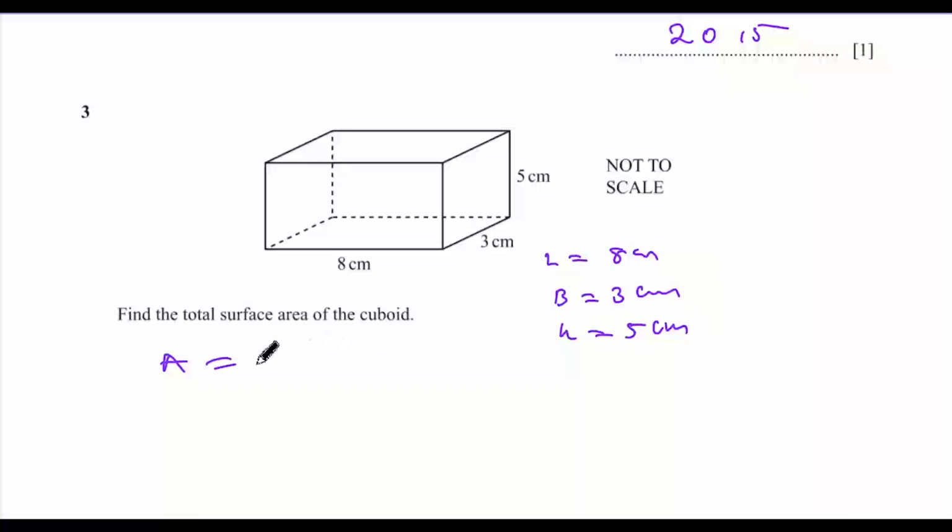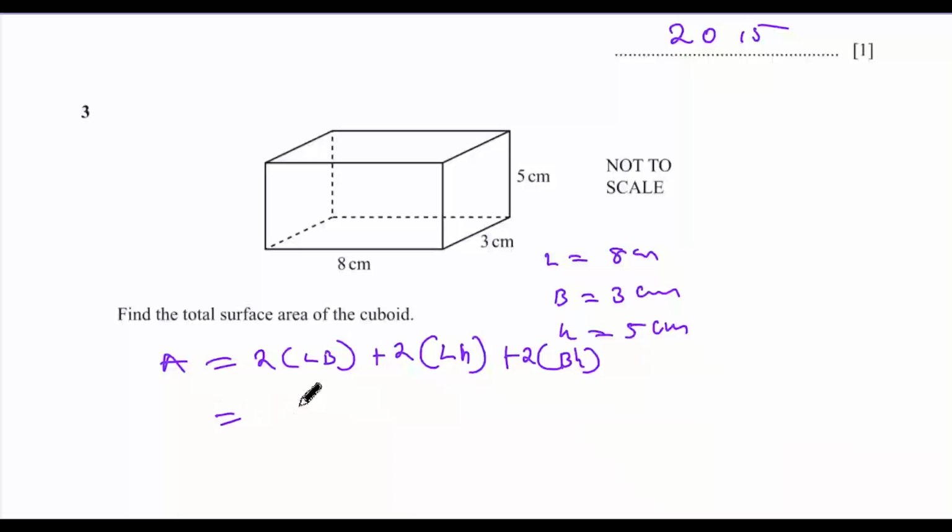So the total surface area of the cuboid will be 2 into bracket. You need to combine 2 of these dimensions, that is length and breadth first, then plus 2 into length and the height, then plus 2 into the breadth and the height. So that will be the total surface area of the cuboid.